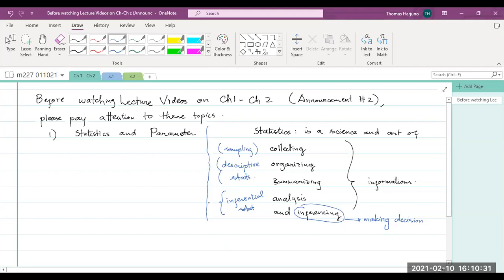Now, statistic and parameter, which I need you to pay attention to when you watch the lecture video, and this is from 1.1, is the following. We have population, and we have sample. Population is the collection of all objects in the context. I'm sorry, not statistic, sample.